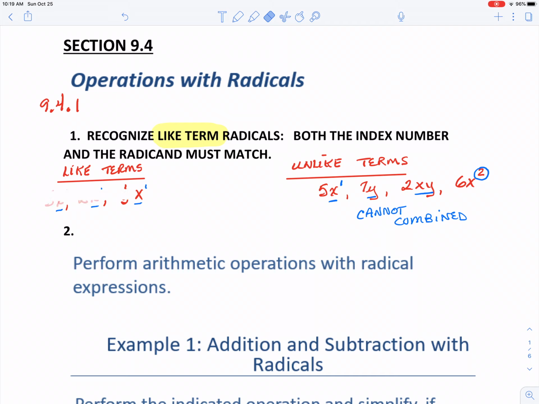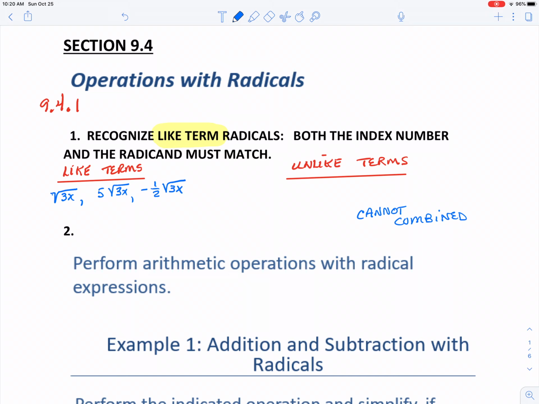Now I want to show you some radical terms that are like, and some radical terms that are not like. So if we have a radical term, let's say this is 3x.